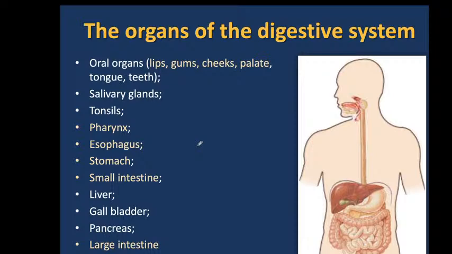And accessory digestive organs, those organs are in white text here in the slide. It would be tongue, teeth, salivary glands, tonsils, liver, gallbladder, and pancreas. These organs have different functions.